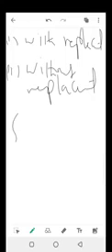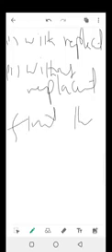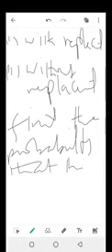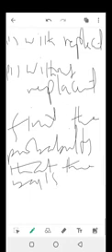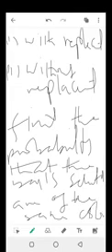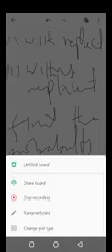So they are saying find the probability that the balls selected are of the same color.